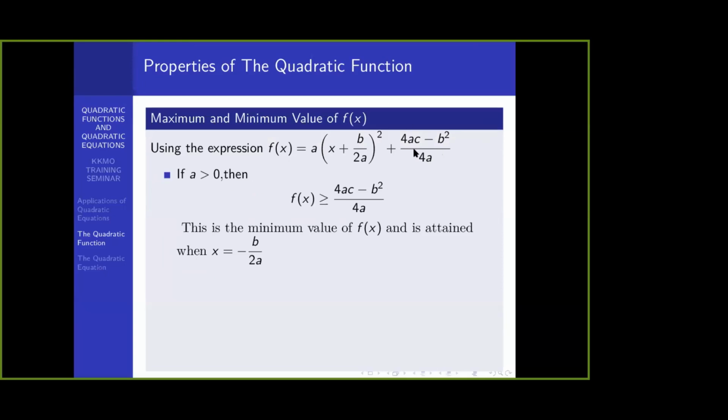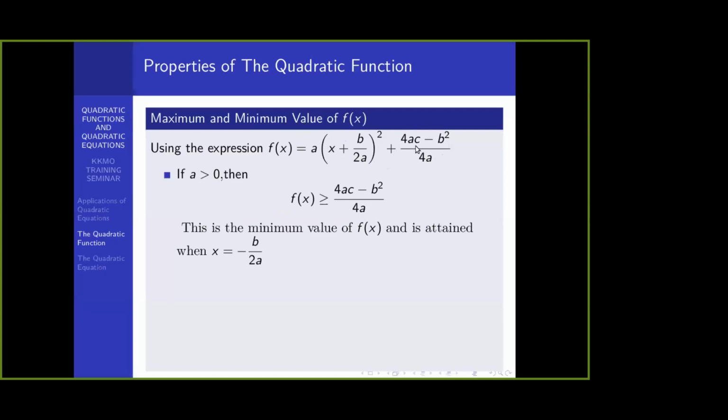So using this expression that we obtained earlier, we can determine the maximum or the minimum value of the quadratic function as follows. If a is greater than 0, the only thing that determines whether the function varies is this term, because x is the one that varies.